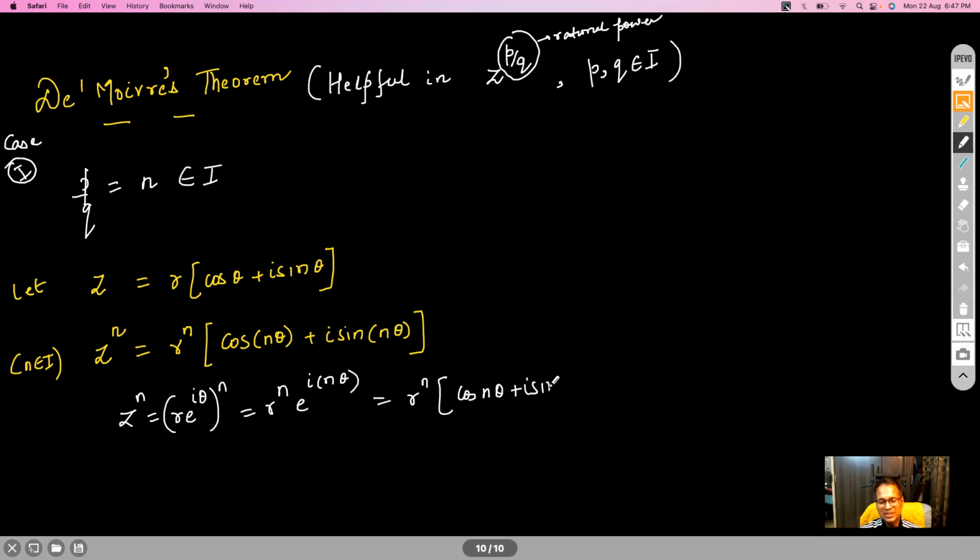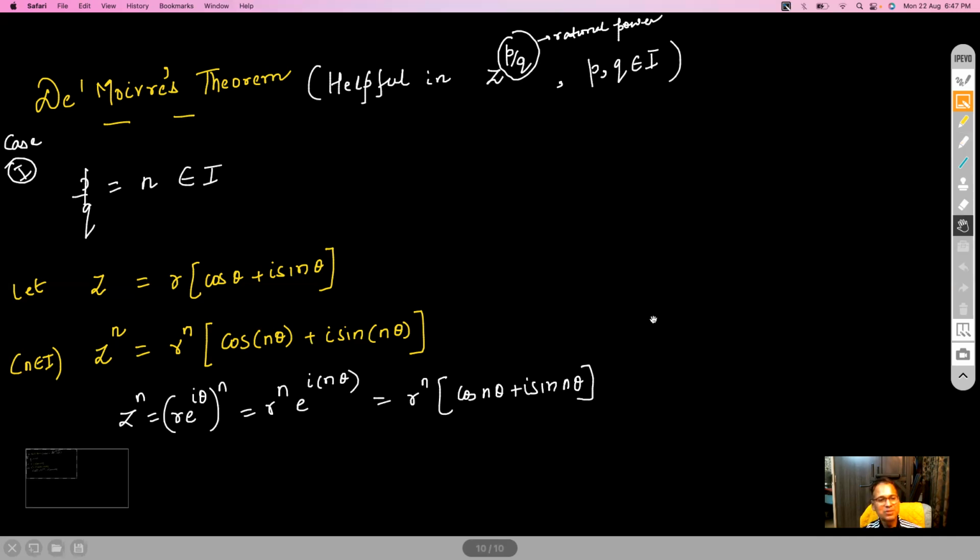Another way of perceiving it is, you are actually multiplying this complex number by itself n number of times. Correct? And when you are multiplying complex numbers, the moduli get multiplied with each other, but the arguments get added to each other. That's another way to perceive this result. Correct?